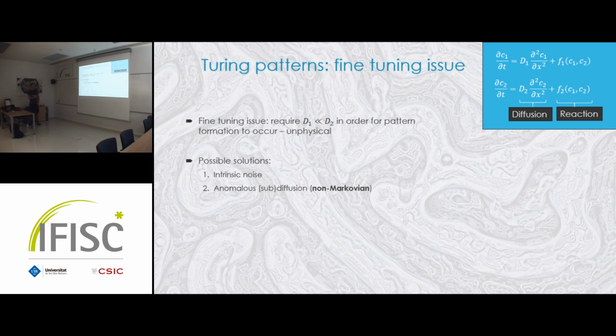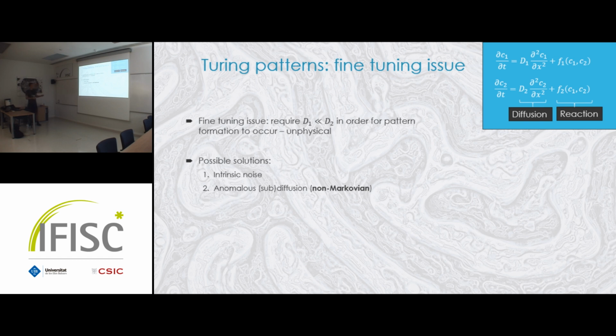And two possible solutions have been suggested for this in the literature. So one is the inclusion of intrinsic noise, because what happens here is, in a similar way to the noise-induced cycles in the gene expression model, there's a greater range of parameter sets for which you will see cycles than you would in the deterministic system.